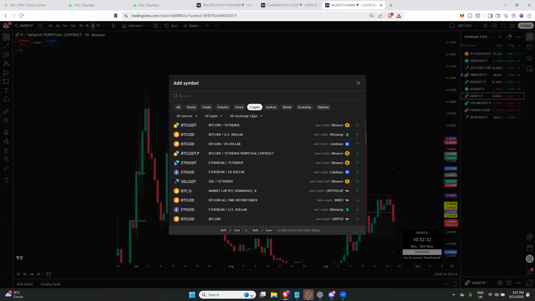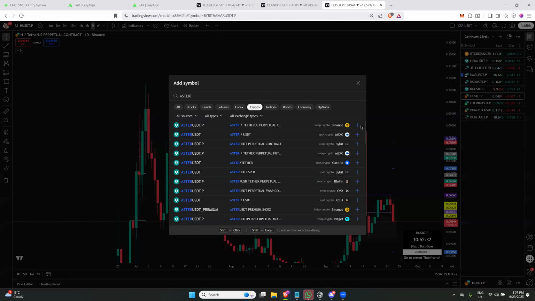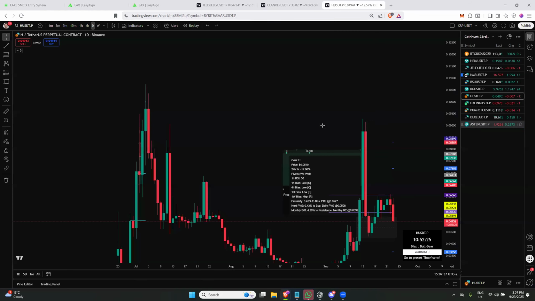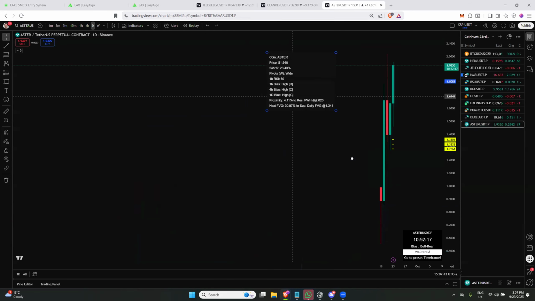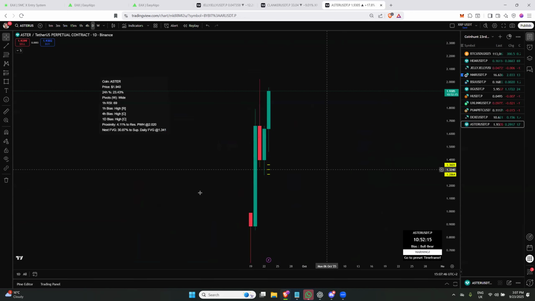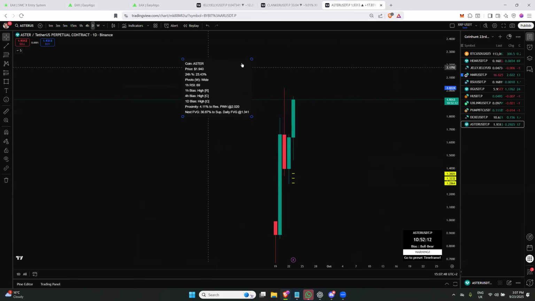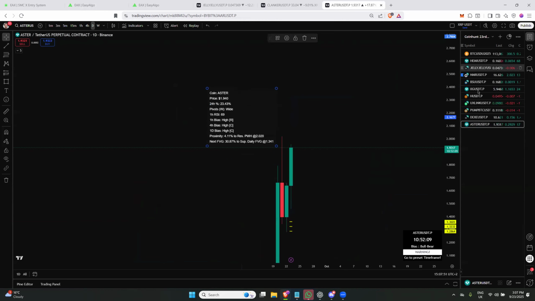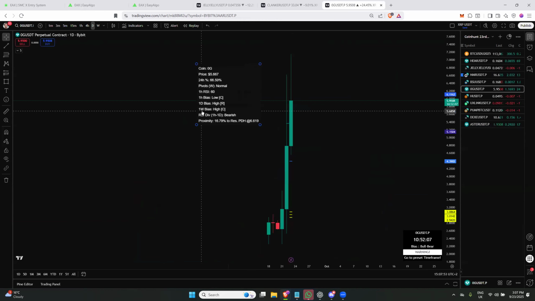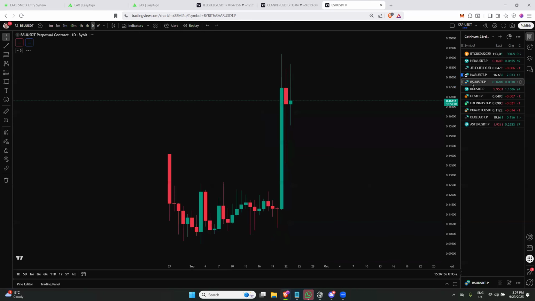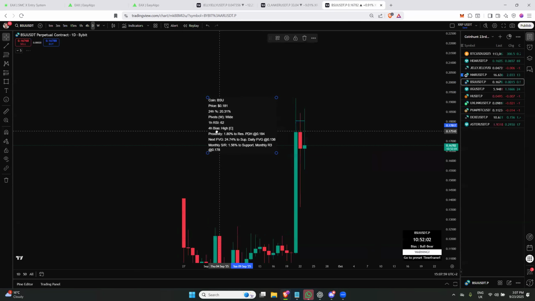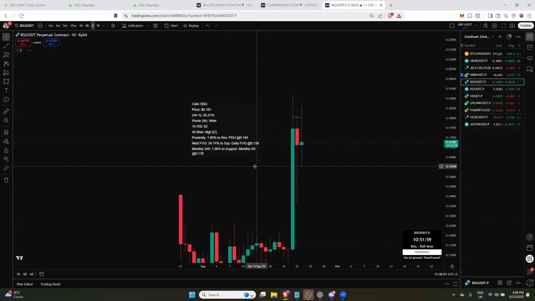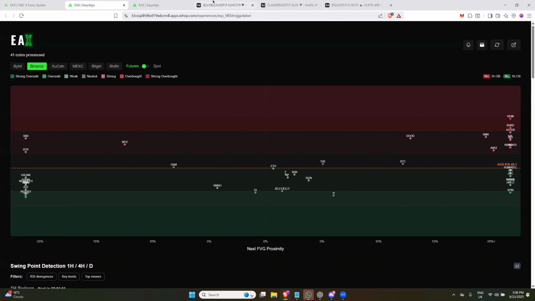Aster. Yeah, very new. I have very little data to work with, but we can check it out. OG, why did I put OG? Okay. BSU, this was the one that I did 3 trades on the other day. I'll actually try and go over some just to show you. Yeah, let's start with that for now.